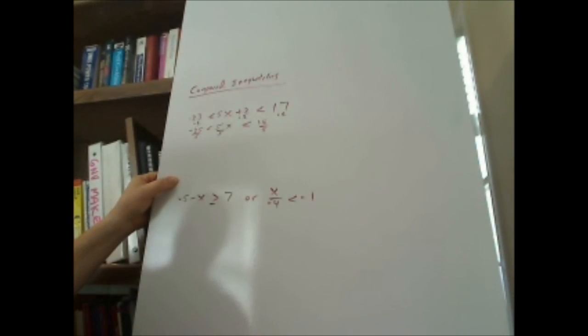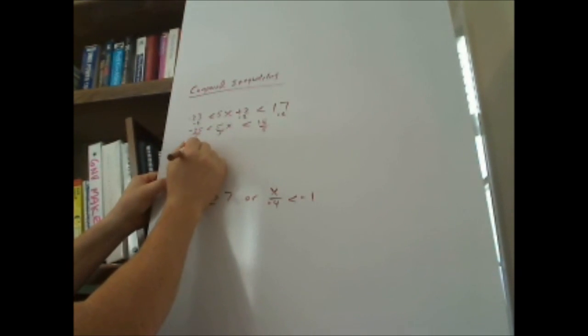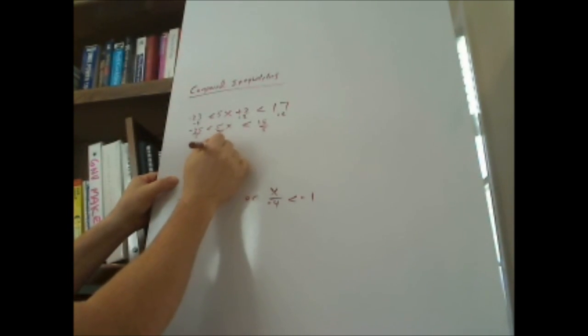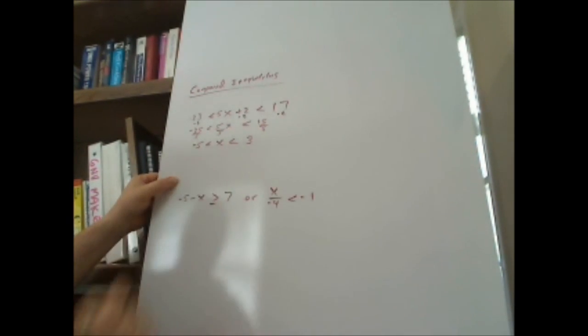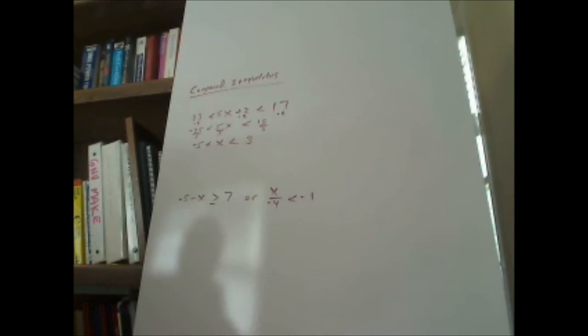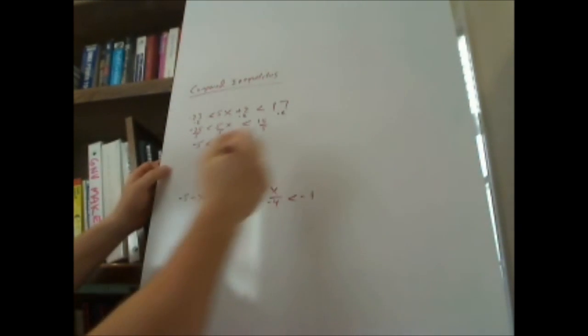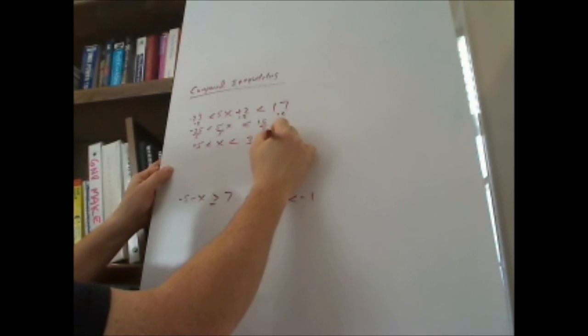All right, minus 25 over 5 is minus 5, less than x, which is less than 15 over 5 is 3. So x is going to be greater than minus 5, but less than 3. So if you want to graph that, a number line.